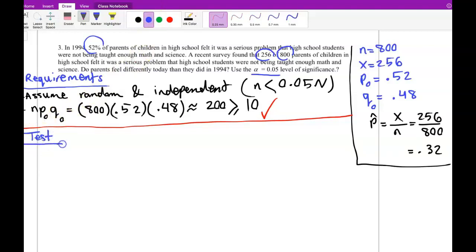Now testing. Again, starting with step 1. What we have for the null hypothesis and what is the alternative. Okay, so this p is equal to 52%.